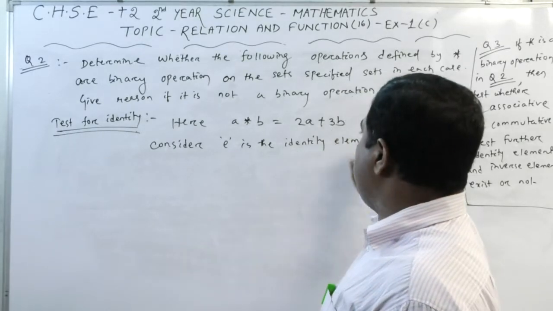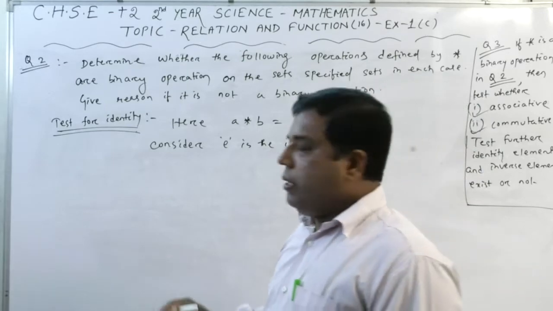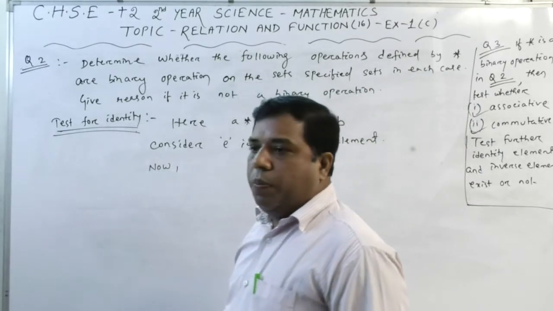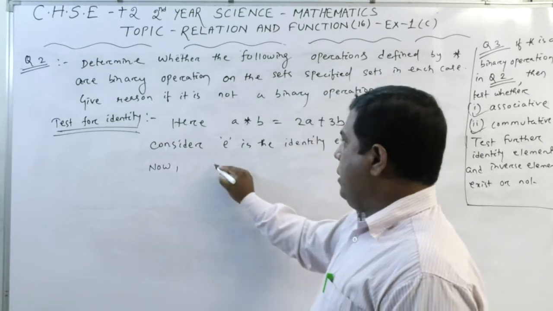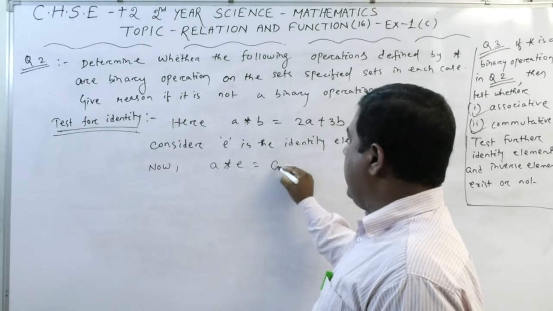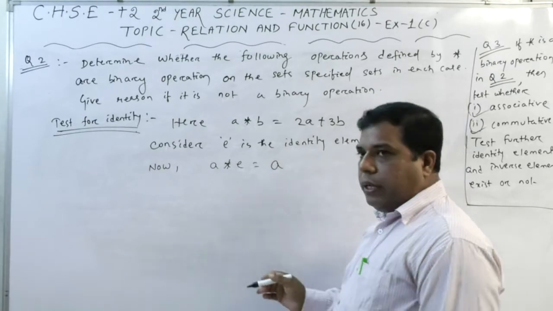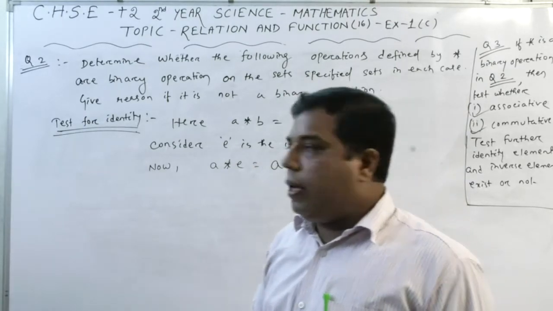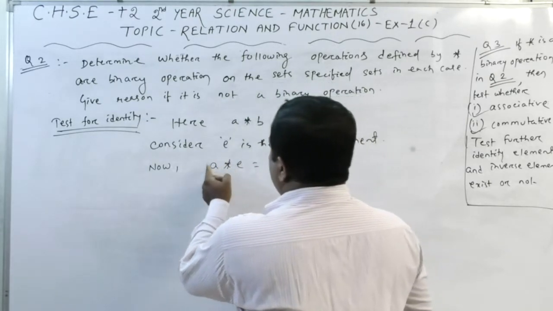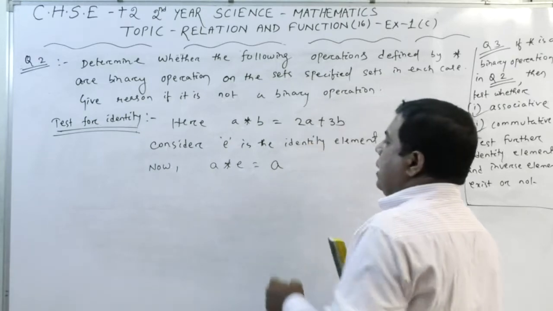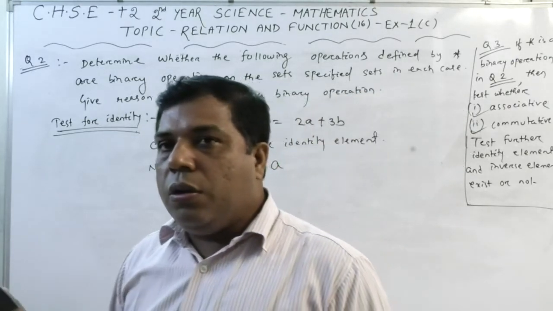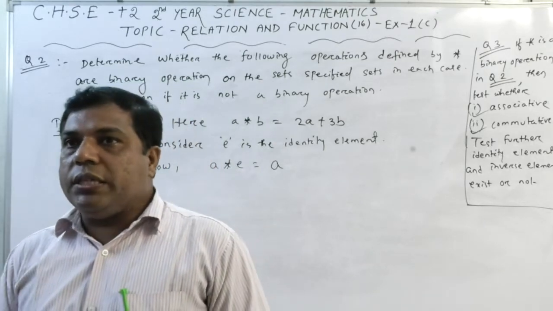Now as we know the property of identity, A star E should be equal to A. Okay, that is the role of identity. What does the identity element do? Though it operates with A, the value of A remains as it is. The output remains as it is, the original value with which it is operated.